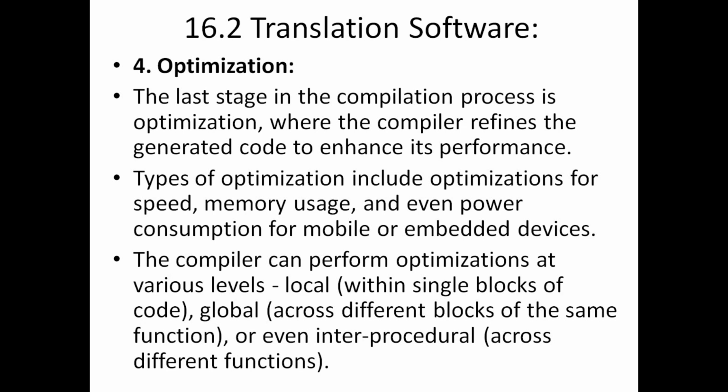The compiler can perform optimization at various levels. It can either be local level within single block of code. It can perform global optimization, transforming overall code or the multiple blocks of code, or even inter-procedural optimization. That means optimization of resources between different functions or between different procedures.